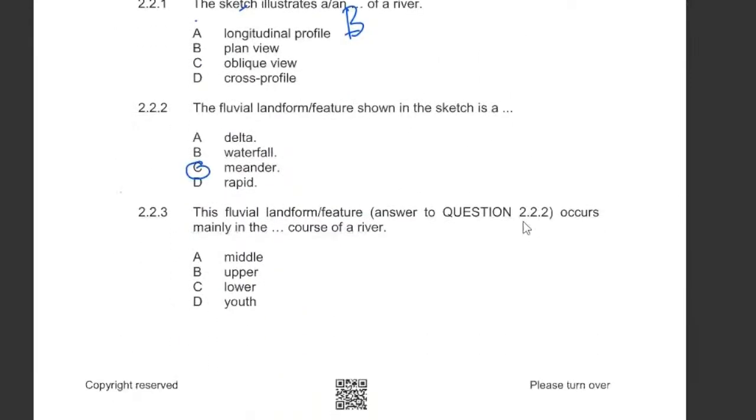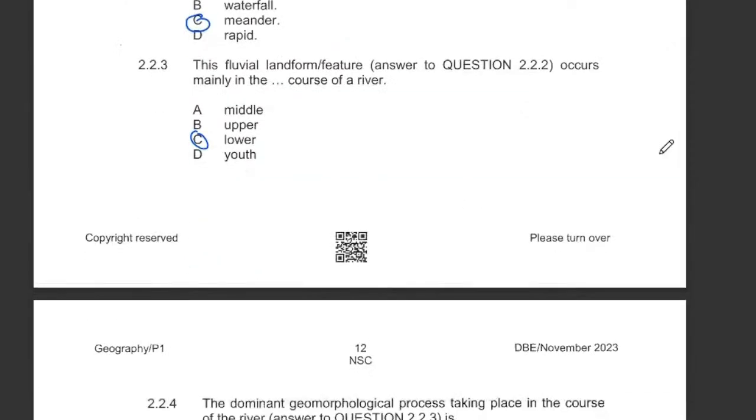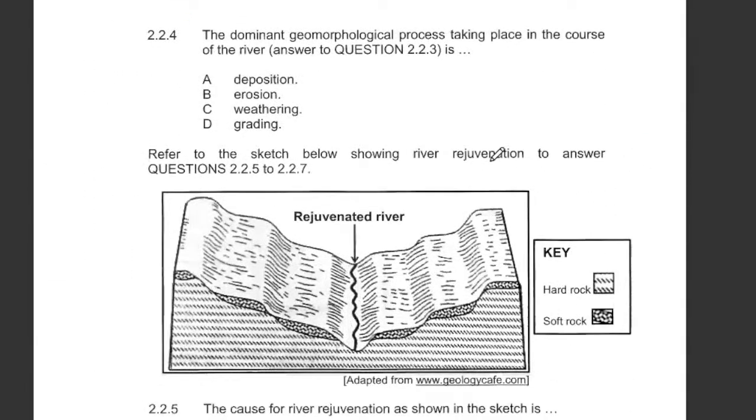Now, the fluvial landform feature on the sketch occurs mainly in which course? Middle, upper, lower, in the youthful stage. So it's the lower. The dominant geomorphological process taking place in this course we have just mentioned is deposition.